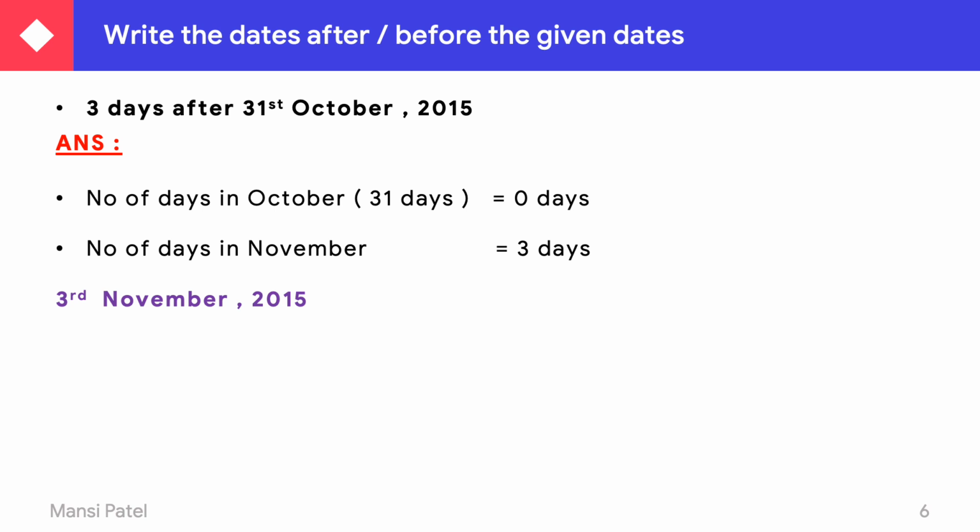That is your answer. So 3rd November 2015 comes 3 days after 31st October 2015. Whenever they ask about after, you have to move forward, and whenever they ask about before, you have to go backwards.